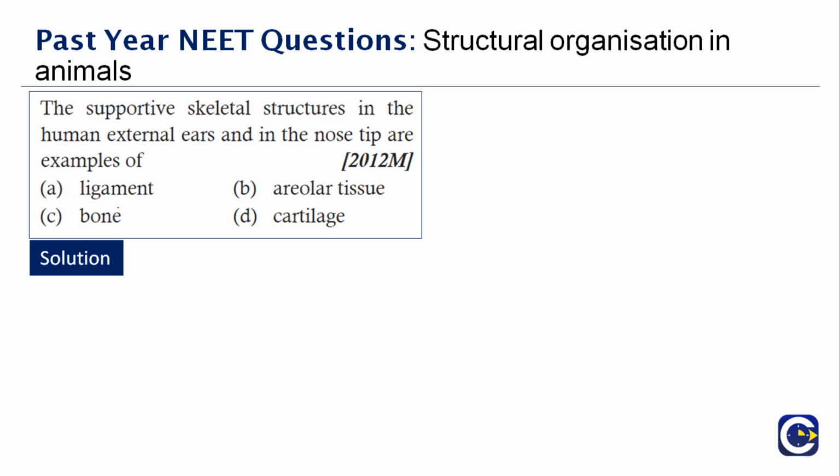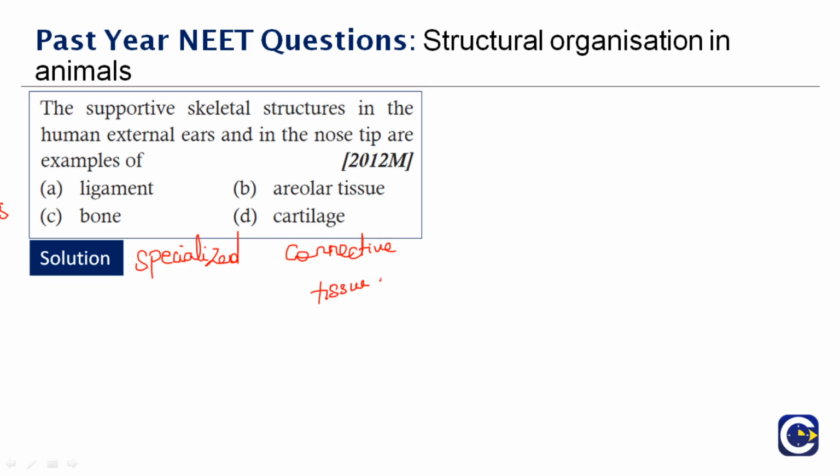What does it do? Cartilage, as we already saw in the earlier question, is a specialized connective tissue. It is present in the external ears and in the nose tip of humans. Anything else you can say about cartilage?